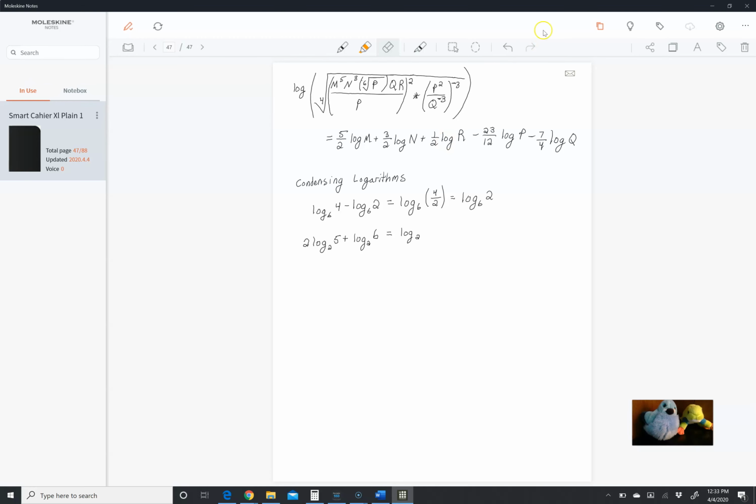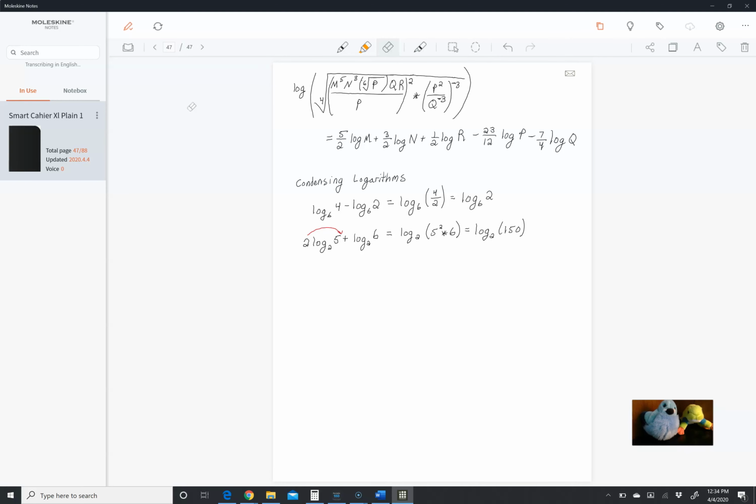And this log base 5 has a 2 in front of it, so this 2 becomes an exponent. So this gives us log base 2 of 5 squared times 6. There is no denominator because we have no negative logs. And 5 squared times 6 is just 150.